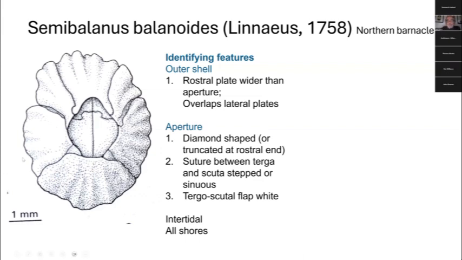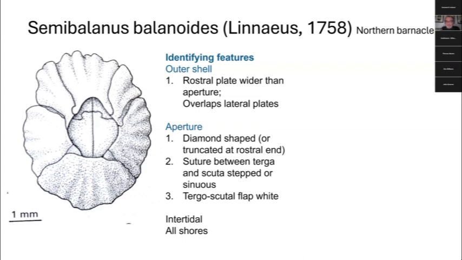It also has a diamond-shaped opening or aperture. Sometimes it looks diamond-shaped, sometimes a little bit truncated at the rostral end, so you could call it a truncated diamond or a pentagonal shape.